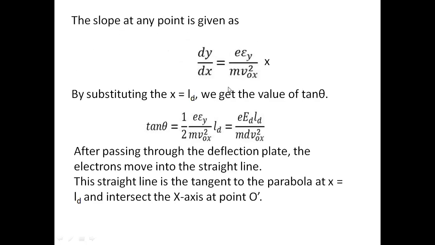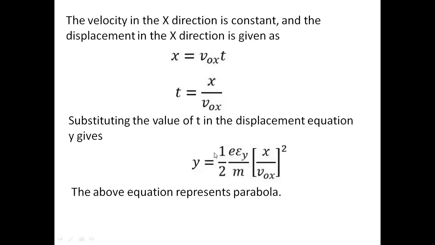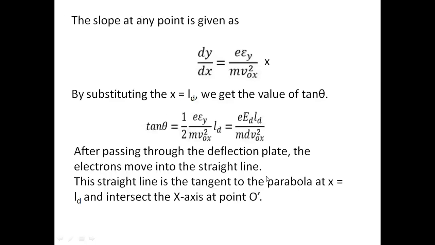Slope is nothing but dy by dx. With this we take the derivative of this y equation with respect to x, and we will get this equation. By substituting x equal to LD, where LD is the deflection plate's length, in the place of x, we get the value of tan theta.